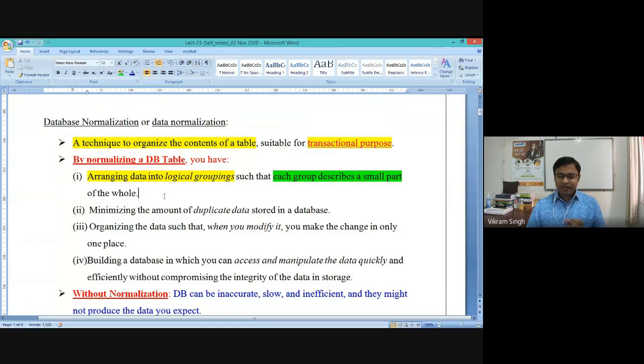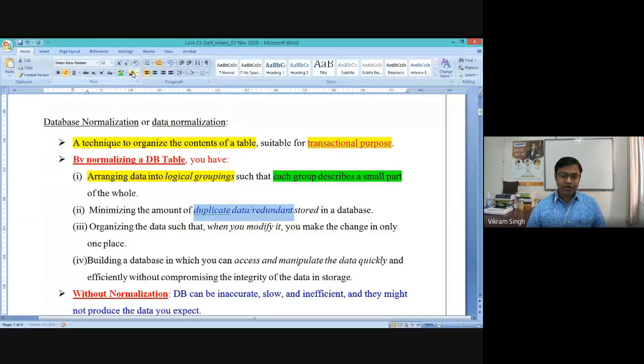Naturally, the advantage and purpose is to minimize the amount of duplicate data, which we have also called redundant data. So redundant data is stored. That is the first important purpose.